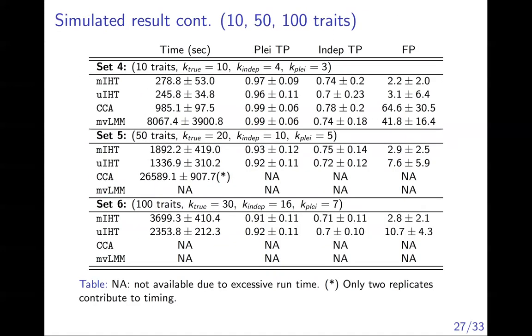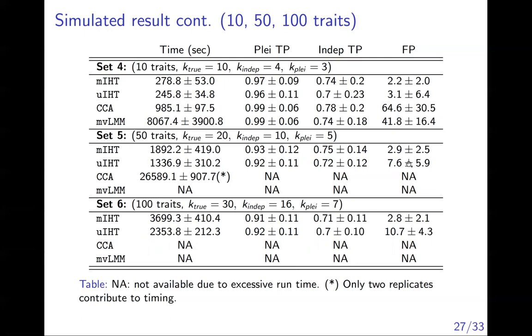When you showed the first set, I thought maybe I should just use the univariate IHT, because there doesn't seem to be much of an advantage of the multivariate. However, as you increase the number of traits, the false positive rate for the univariate starts to climb up relative to the multivariate. Do you have any insights as to why that is?